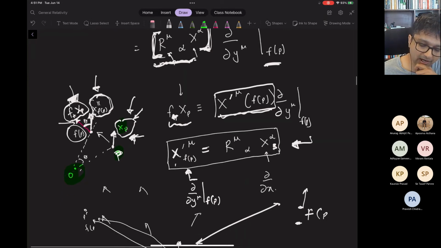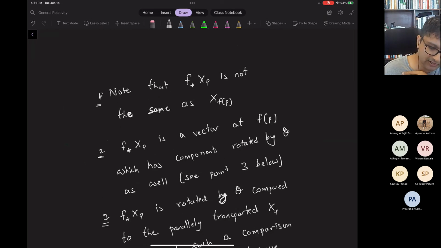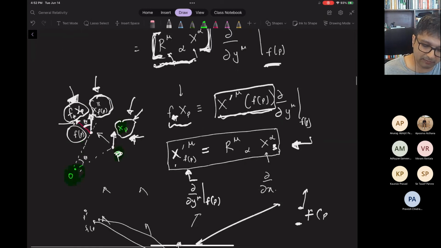Now the first thing is that this f star xp, this push forward of xp, is not the same as the original vector field x at f of p. That is something completely arbitrary, right? There is also a vector that we could have drawn here, which is the x at this point.